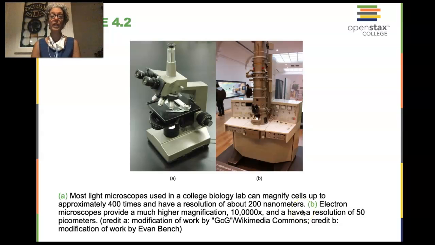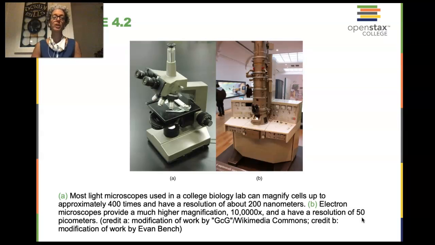It is called an electron microscope because rather than a beam of light passing through a specimen, a beam of electrons passes through a specimen. Because of that, we can get a much higher magnification of around 10,000-fold and some up to 100,000-fold, and have a much higher resolution.